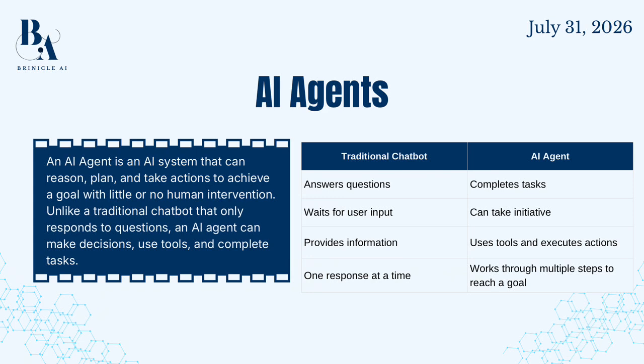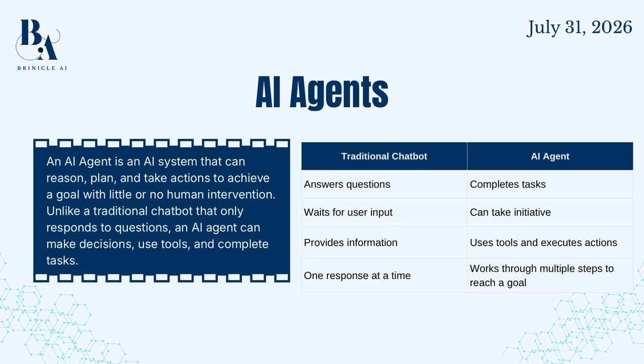AI agents go a step further. Instead of only answering questions, they can perform tasks on your behalf. They can break a goal into smaller steps, decide what to do first, use external tools like web browsers or calendars, and continue working until the goal is completed.